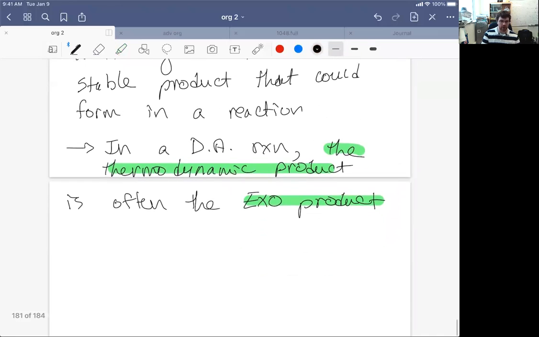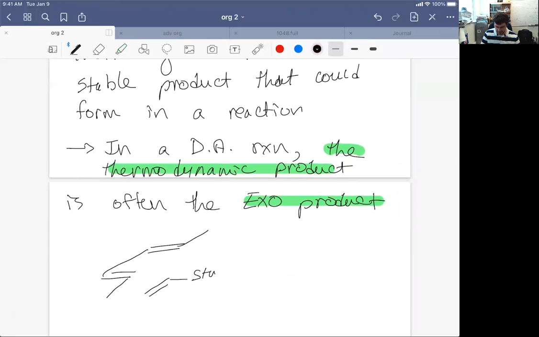If we look at our approach to making the product, let's consider the exo product again. If I have stuff pointing out and away, or exiting the forming ring, I'm drawing the exo product. This is kind of like a transition state, showing you how things form at the peak of the activation energy on an energy diagram.